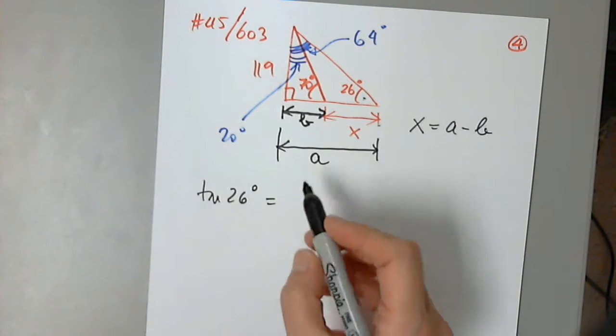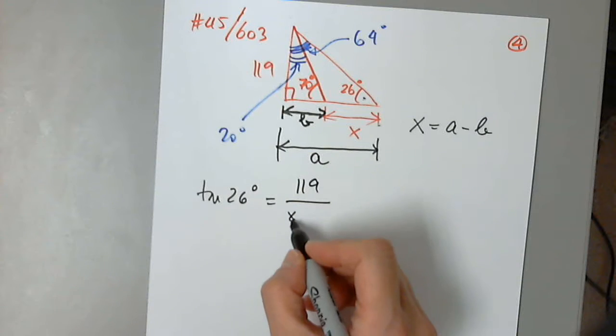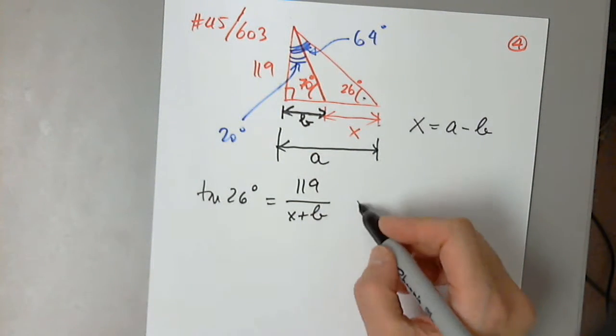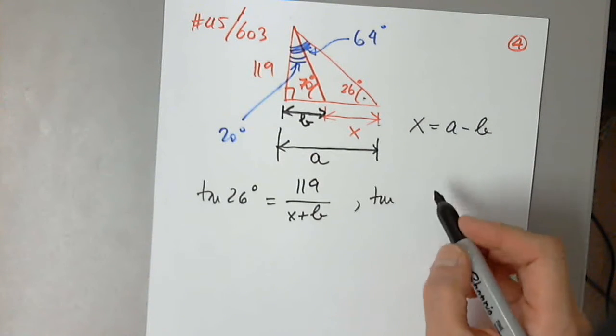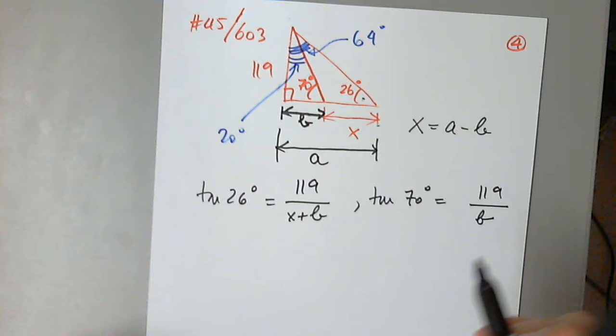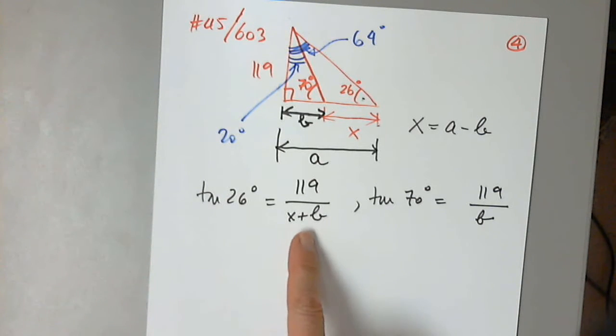Tangent 26 degrees is 119 divided by x plus b. I can also write, in a minute I'll come back, that tangent 70 degrees is 119 divided by b. Would you accept that? So I can change this.